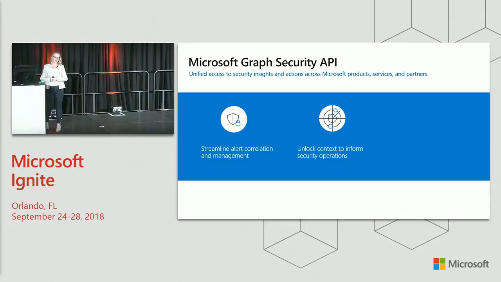It also is designed to help provide access to contextual information that can be quite useful in informing security operations. So it provides the ability to drill down into additional information about users or hosts or applications, and to access all of that other organizational data that lives within the graph, that data from Azure Active Directory or Intune or Office.